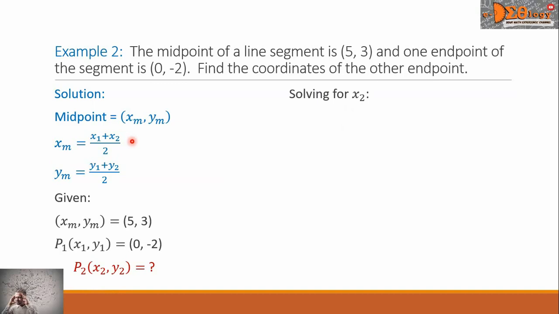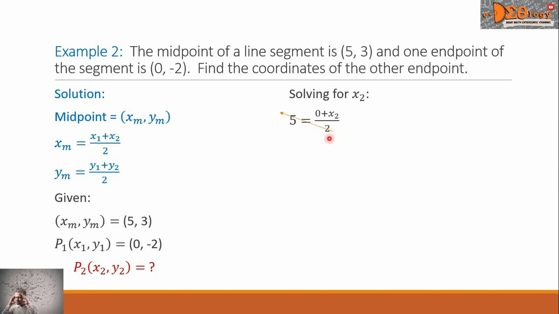Now, let us do the substitution. The x sub m is now 5 equals the x sub 1 is 0 plus x sub 2 all over 2. Solving for the x sub 2, first let us cross multiply this denominator 2 to the left side.